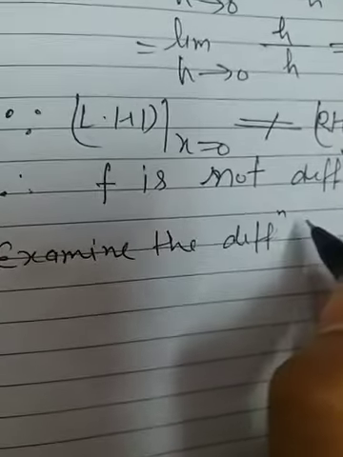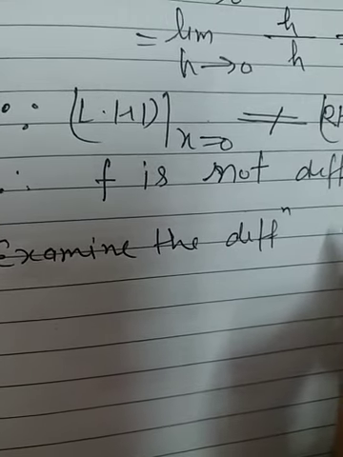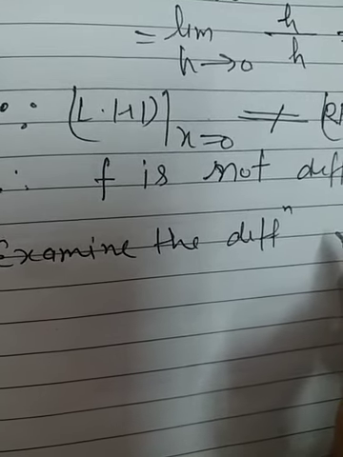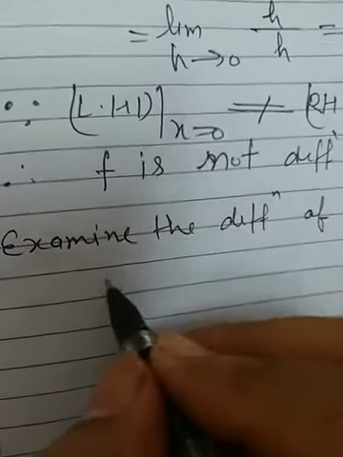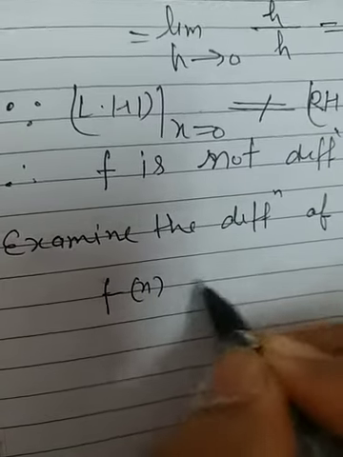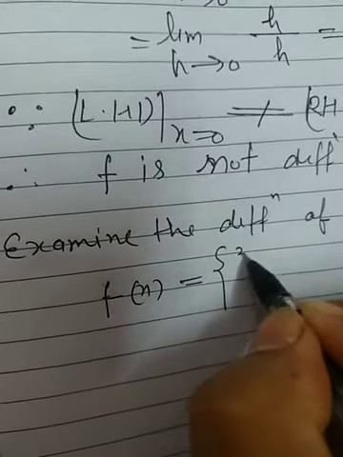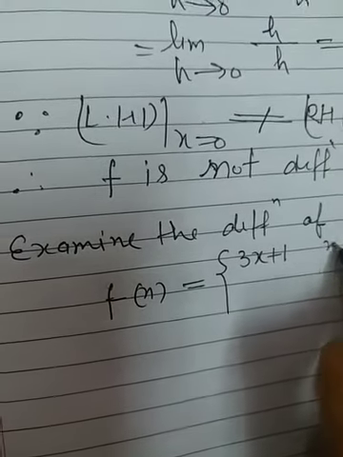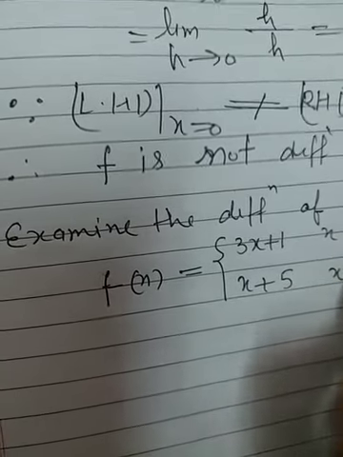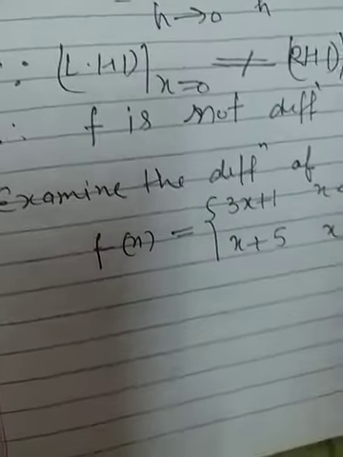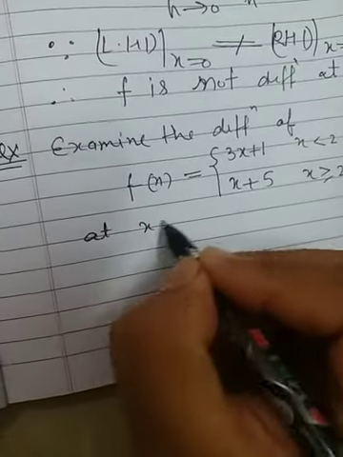In short, I am writing differentiability like this: differentiability of f of x equals 3x plus 1 whenever x is less than 2, and x plus 5 whenever x is greater than or equal to 2. This is the definition, and we have to discuss the differentiability of this function at x equal to 2.